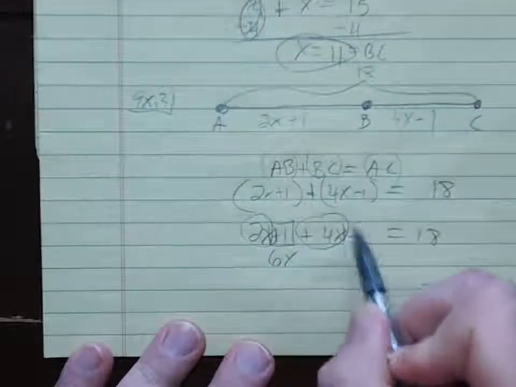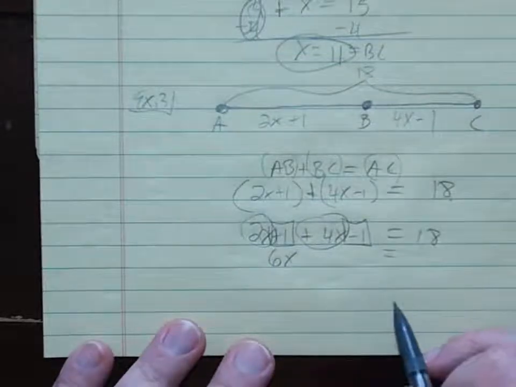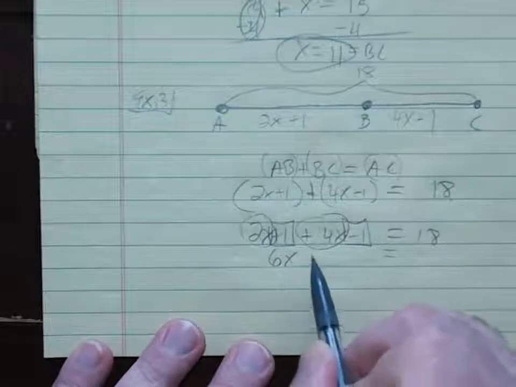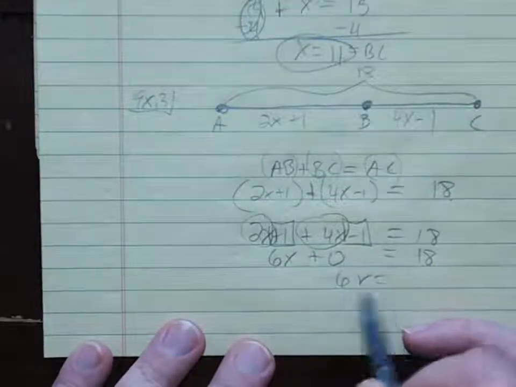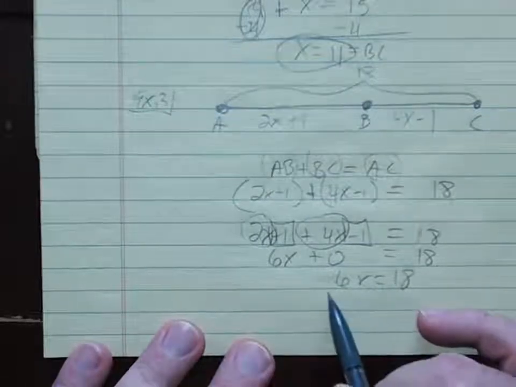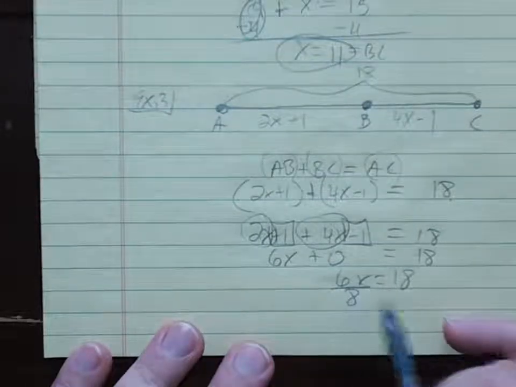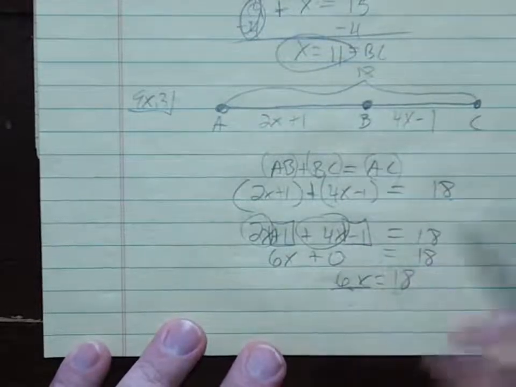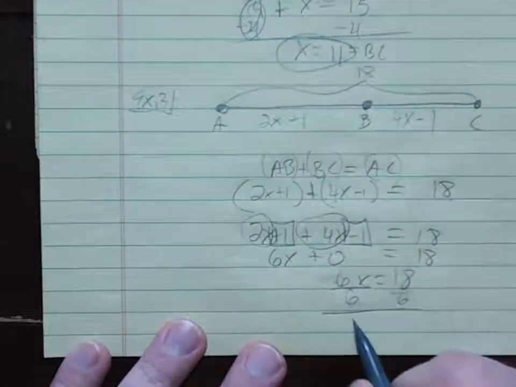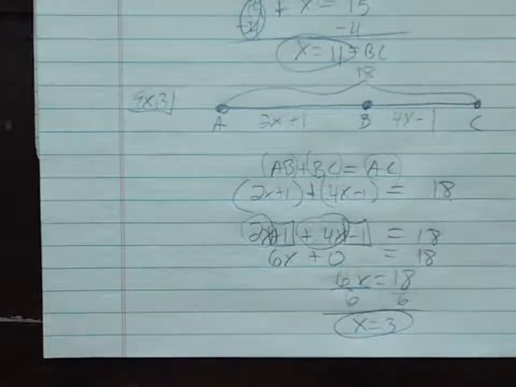And 1 and negative 1 is actually 0. And 6x plus 0 is 6x. So I get 6 times x equals 18. The opposite of times is division, so I will divide both sides. I need to divide by 6. So I get x equals 3.